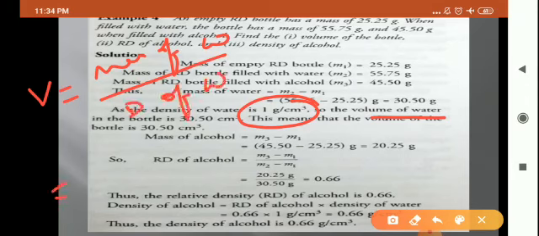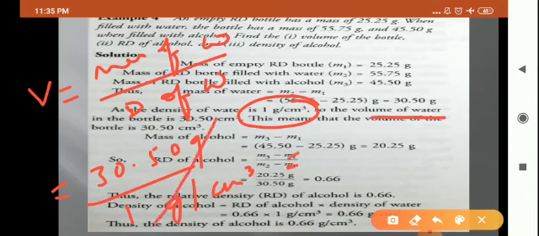So what is the mass of water? 30.50 gram. And what is the density of the water? 1 gram per cubic centimeter. So this gram gets cancelled and we are left with 30.50 cubic centimeter. Just look on the screen.